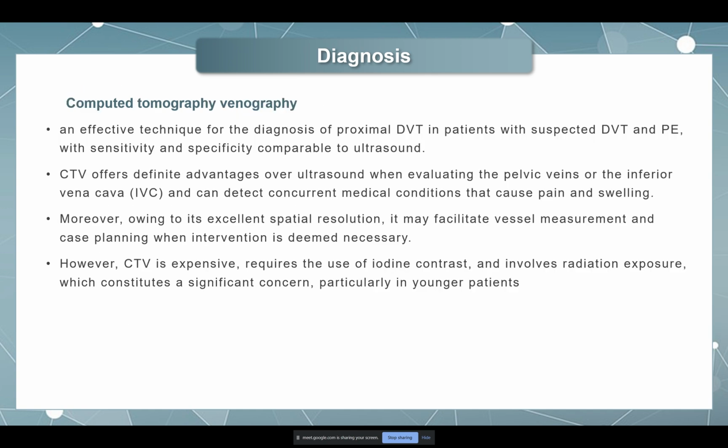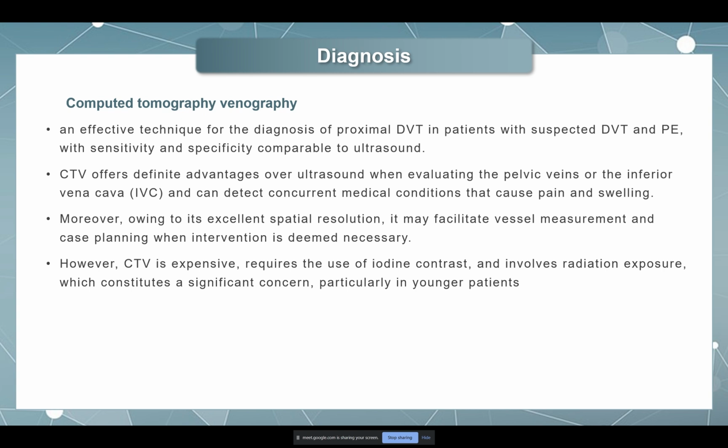Next one is the CT venography. CT venography is an effective technique for diagnosing proximal DVT in patients with suspected DVT and PE. Its sensitivity and specificity are comparable to ultrasound. It offers a defined advantage over ultrasound when evaluating the pelvic veins and inferior vena cava, and can detect concurrent medical conditions that cause pain and swelling.